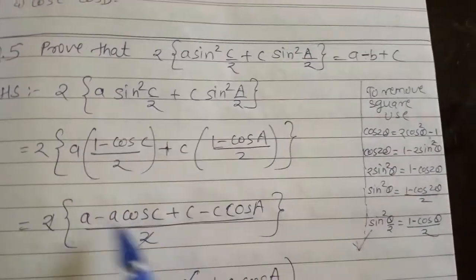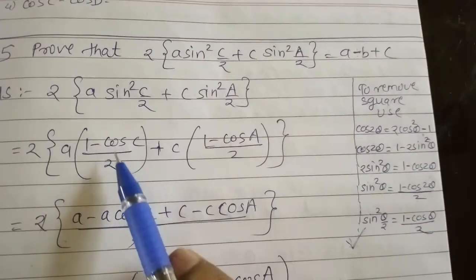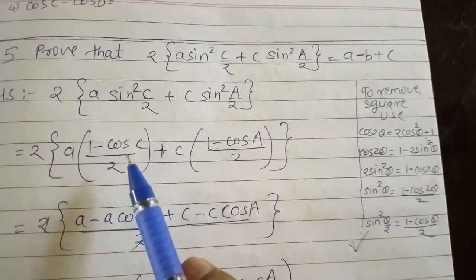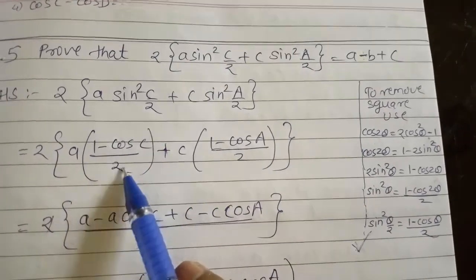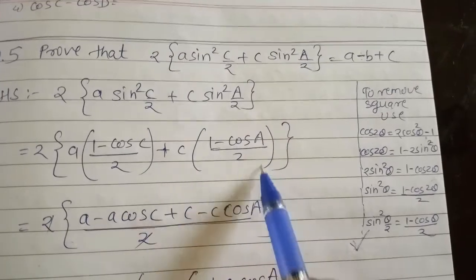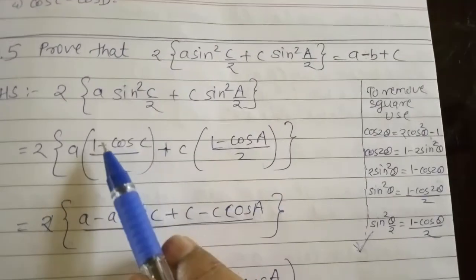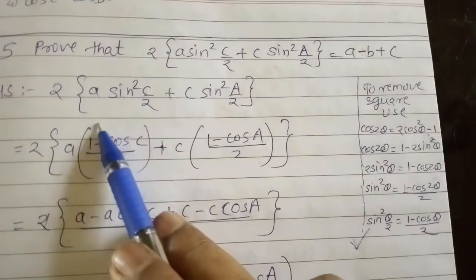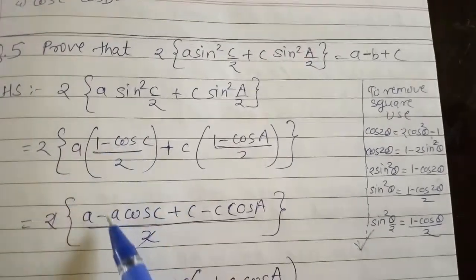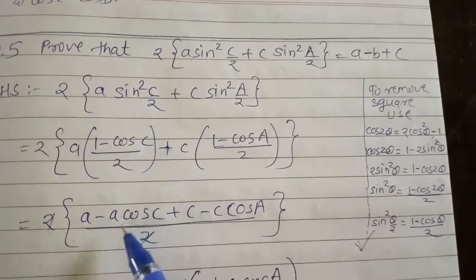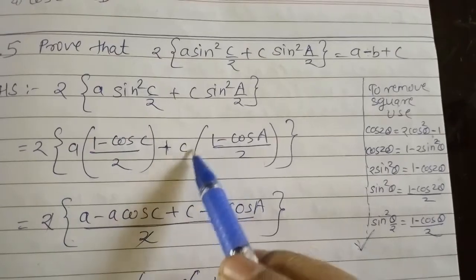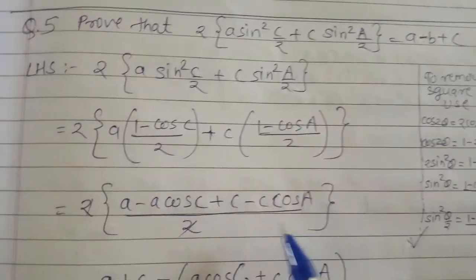Now see, this 2 will cancel with this 2, and here we are taking the LCM. So here is 2, and we have to write down the numerator by multiplying with a, so a, then a multiplies with this: a cos c plus c, and minus c cos a.